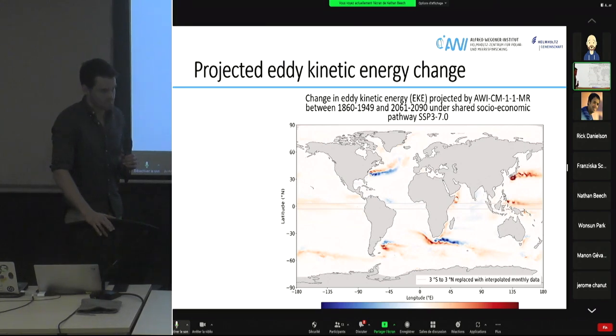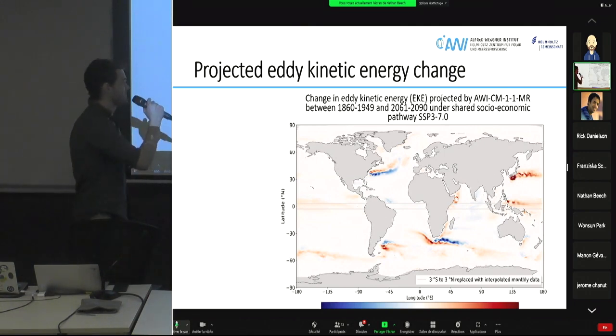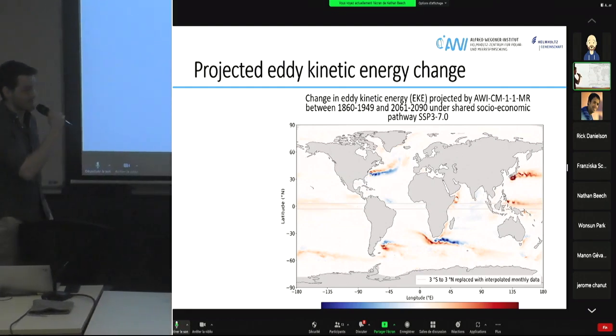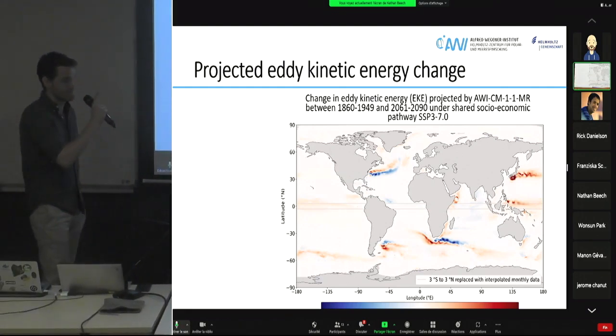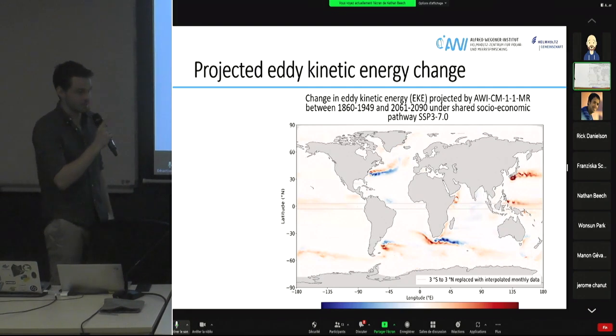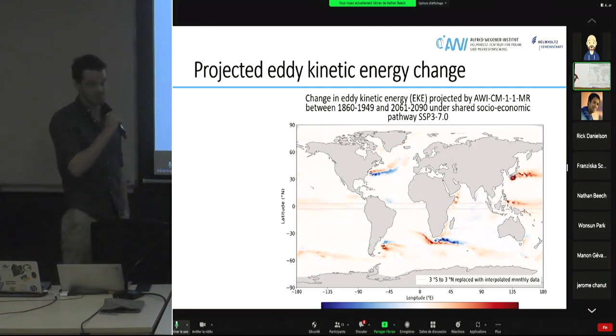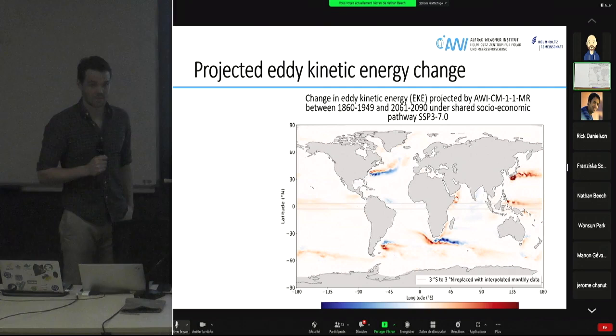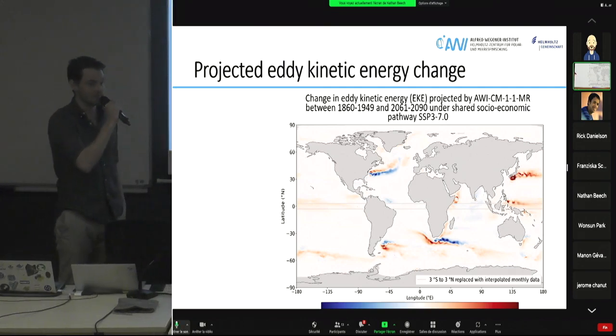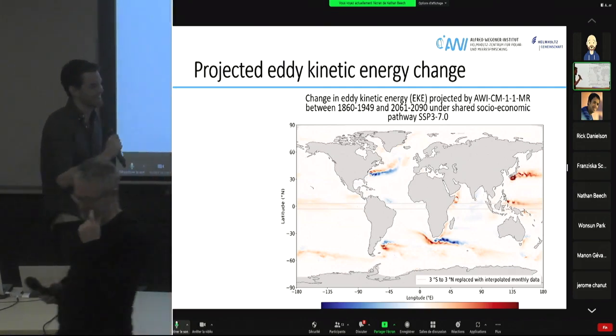Under this sort of climate change, you might expect the deep western boundary current to decrease quite a bit. It'd be interesting to see that. And of course, that wouldn't happen in the Kuroshio region. Okay, very interesting. So that could then explain the contradiction between the two. Fair enough. And to answer the question, no, we didn't really look into that.